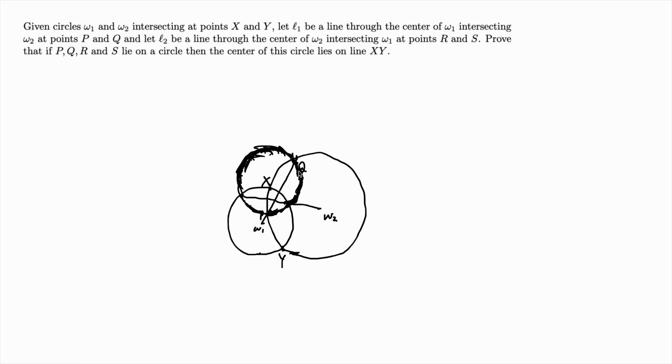So we have PQ, R, and S. Notice that the center should be, yes, okay. So let this one be omega sub 3. Notice that, so first one, let's look at, wait, I think I should use highlighter instead.